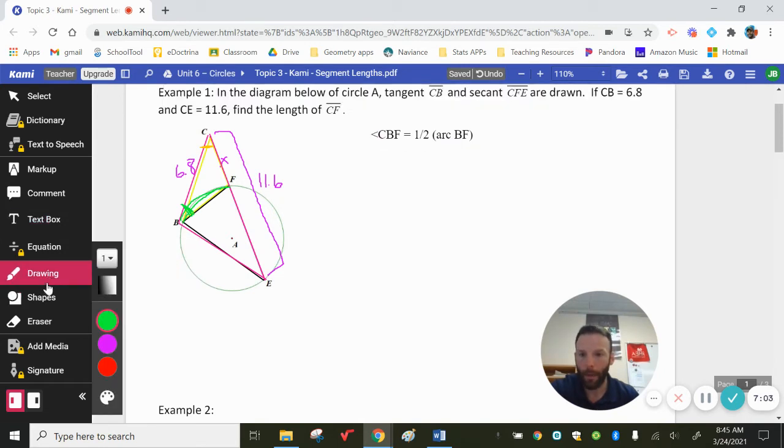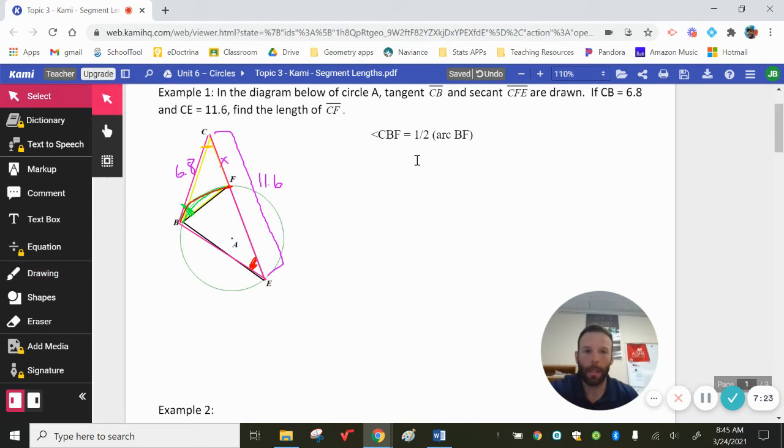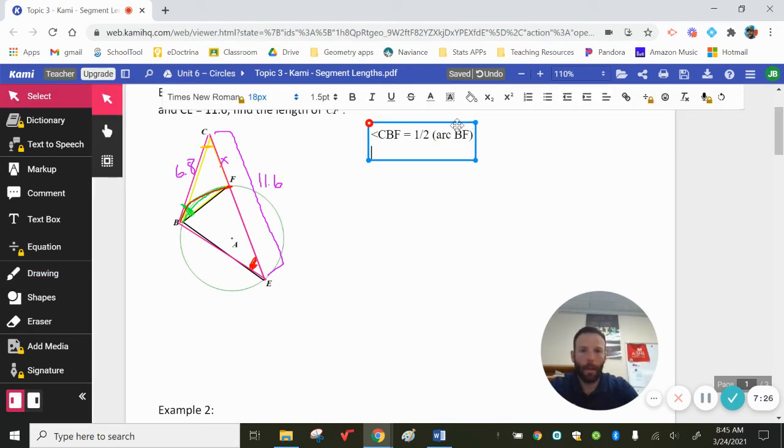Now, down here, I also know, how about I use red, that this inscribed angle that I'm coloring in red is related to the arc from B to F. That's the intercepted arc by that inscribed angle. So we know the angle FEB is equal to 1/2 of arc BF.